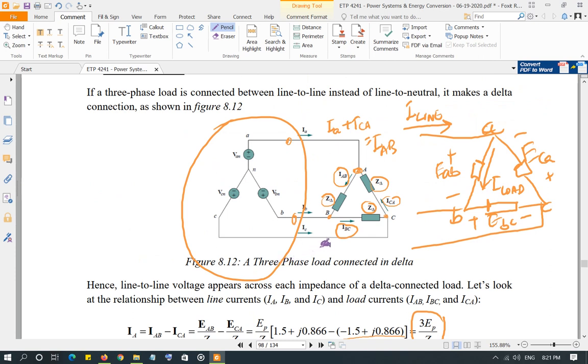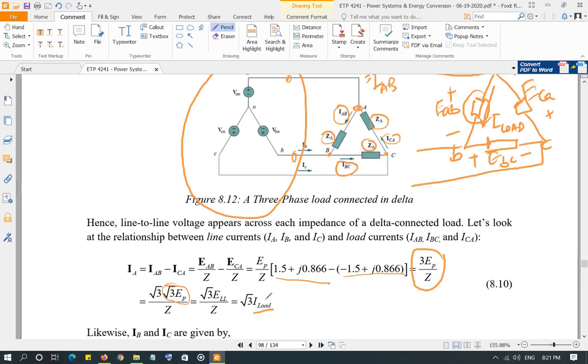As you can see, using Ohm's law, the line to line voltage divided by the impedance is the load current. So the magnitude of the line current is square root of 3 times I load. And the angle over here is 0.